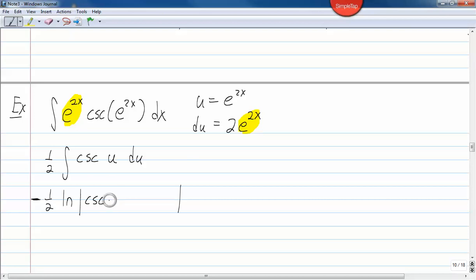What was my u again? e to the 2x, plus cotangent u, which is e to the 2x, plus c. Okay, so aesthetically not very beautiful, but if you like trig and you're wondering where it went, I found one for you.